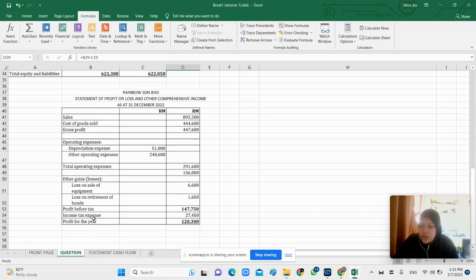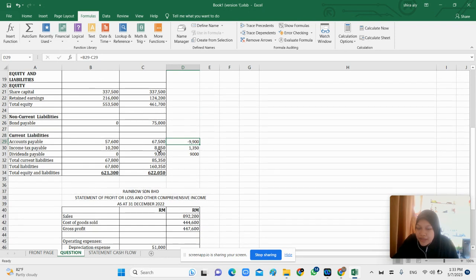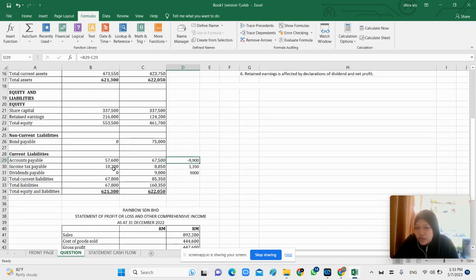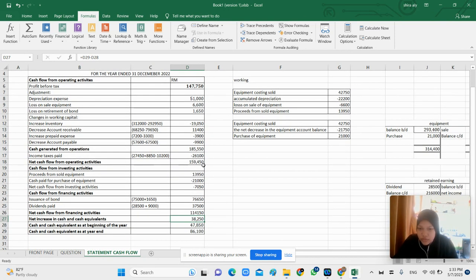So income tax expense plus the beginning income tax payable minus the closing, the ending balance of income tax payable, and then we will get 26,100, which is a decrease. So for this one, we have to deduct, and then after that we will calculate the net cash flow from operating activities.